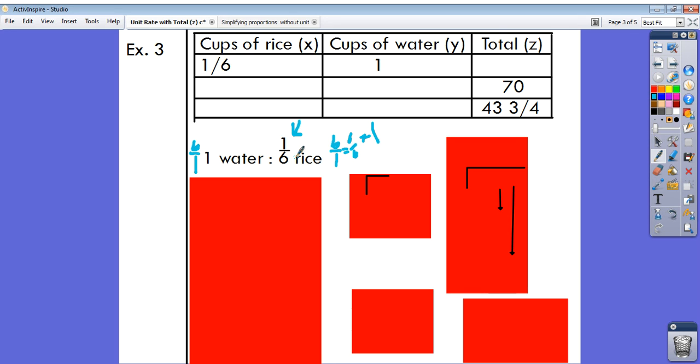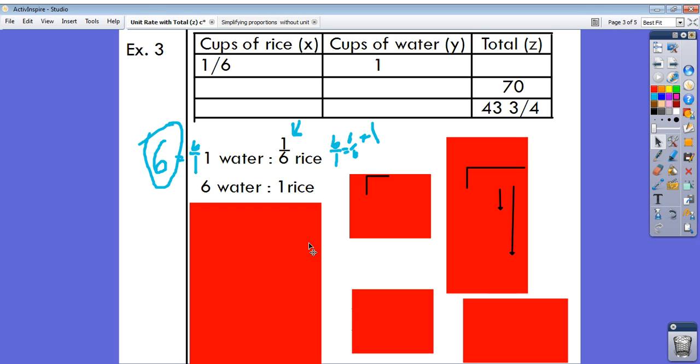So 1 cup of water is equal to, what's 6 times 1? Now that I have my unit rate, I can write in 6 cups of water for every 1 cup of rice. I'll put my equation y equals 6x.